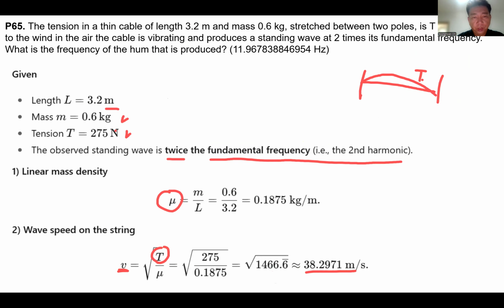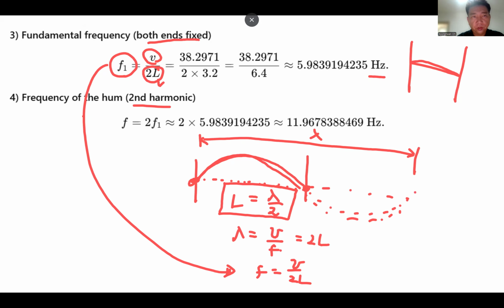V is given by the tension and the linear mass density. And then the question asks about the second harmonic. That means it's 2 times f1. Okay.